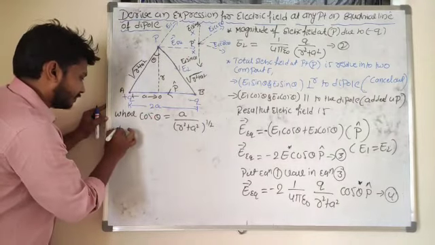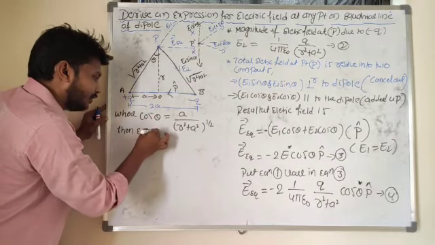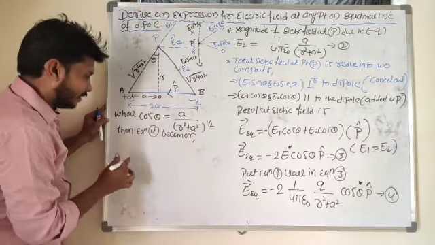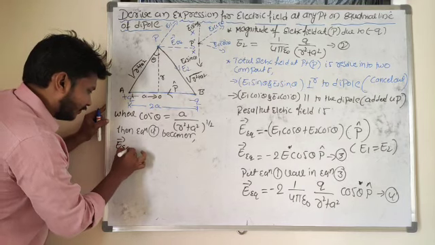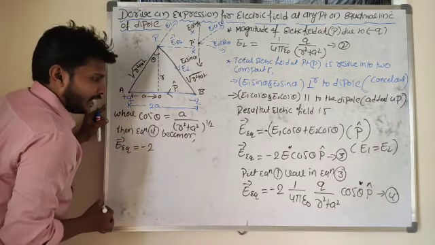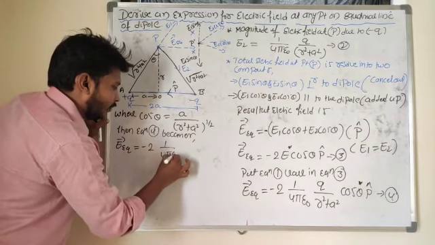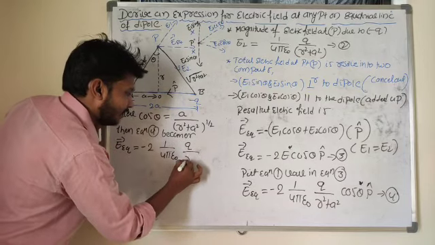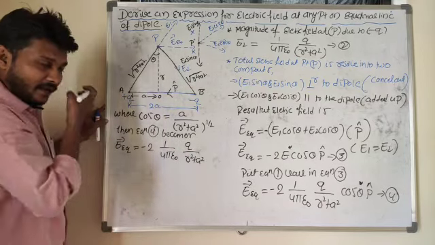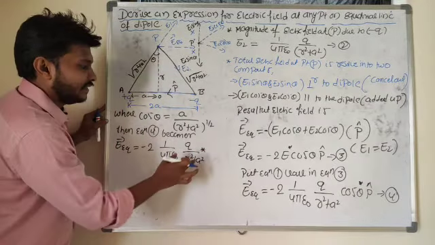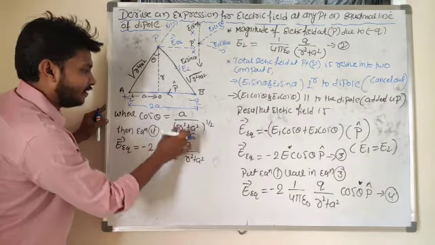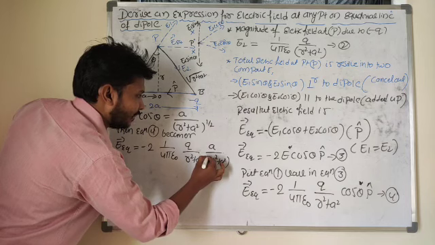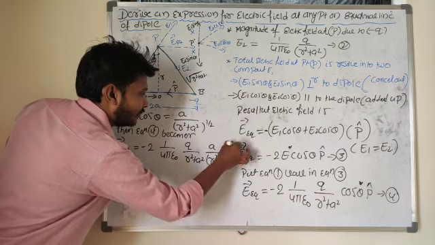Then equation 4 becomes, so listen carefully, this is very important for 5 marks. The electric field at the equatorial line is equal to minus 2 into 1 by 4 pi epsilon naught Q divided by R square plus A square, and wherever cos theta is there, I take A divided by R square plus A square whole to the power of 1 by 2, into P cap.